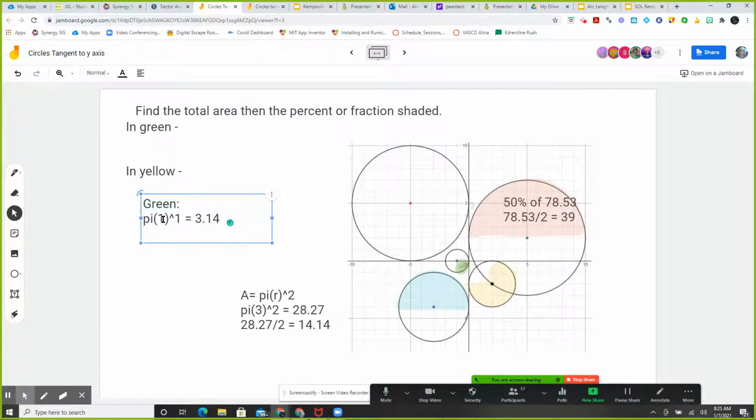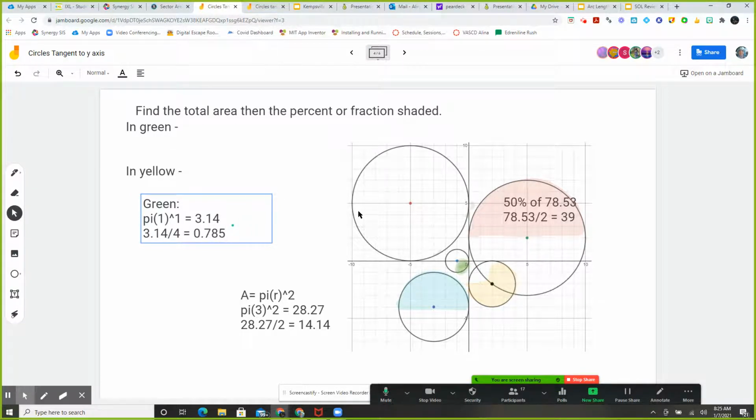And then what part of that do I want? That would be 1/4, absolutely. So I want 1/4 of that pizza. So 3.14 divided by 4 equals what? I got 0.78.